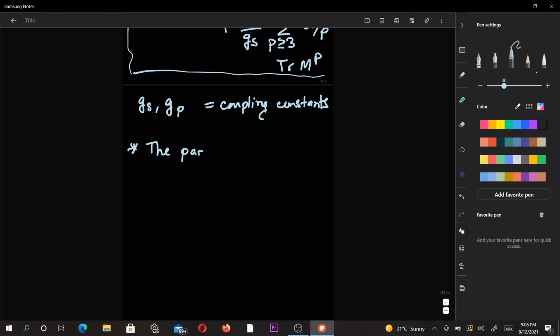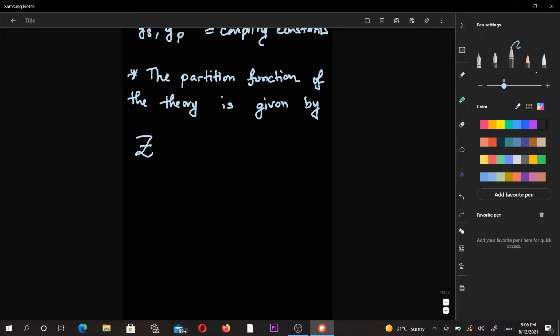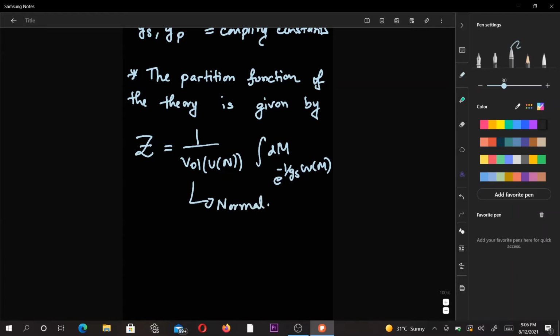The partition function of this matrix model theory is given by, I'll explain this in a bit, and the integration is over matrices. Since it's a matrix integral, it looks something like this. Like before, we normalized our matrix integral.